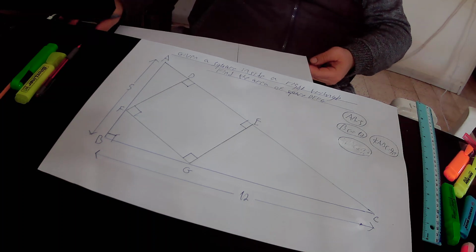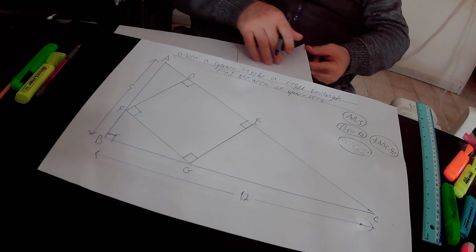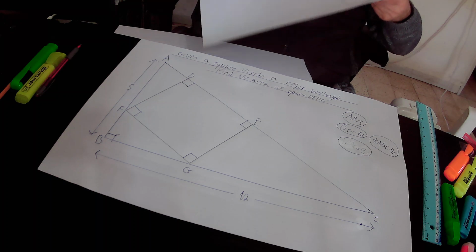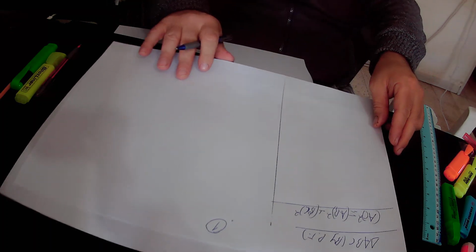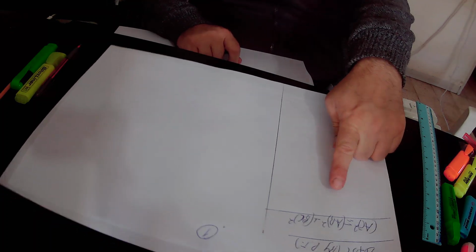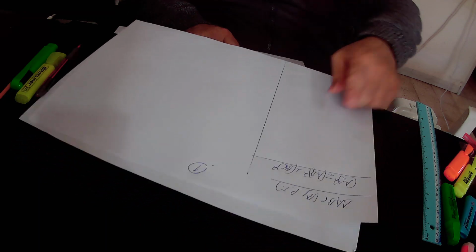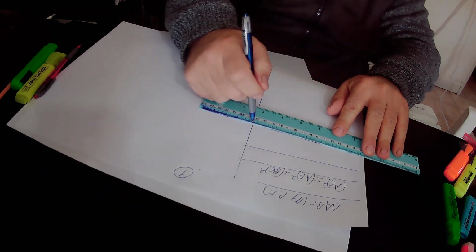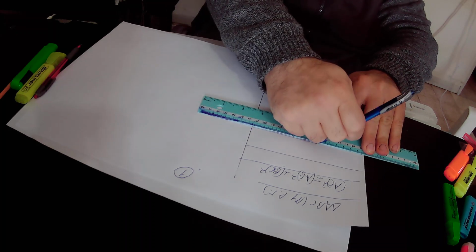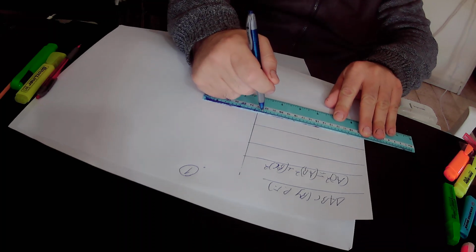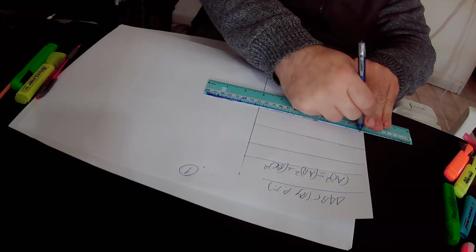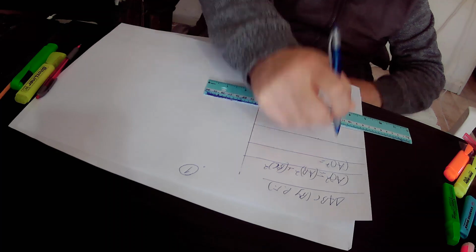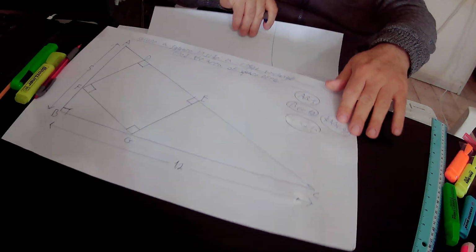Repeat again, according to the Pythagoras theorem in the right triangle ABC, AC square must be equal to AB square plus BC square. So AC square equals AB square.